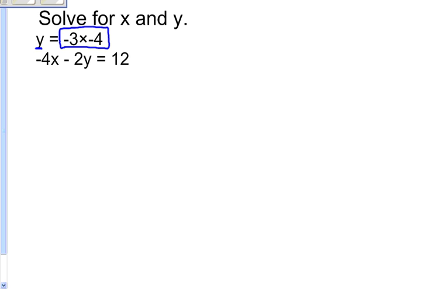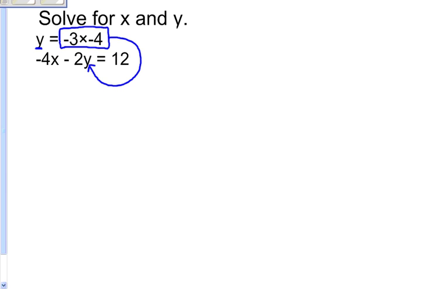But if it says y equals negative 3x minus 4, then that's the same as saying a dollar equals 4 quarters. And I can substitute that negative 3x minus 4 in for any y, especially in the next equation. So I can substitute this negative 3x minus 4 in for that y, because negative 3x minus 4 is equal to y.